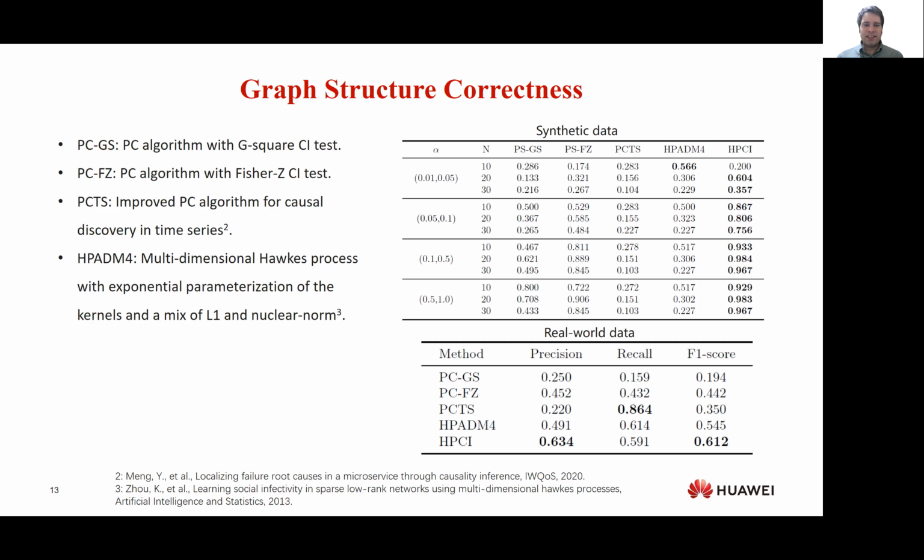We also have PCTS, which is an improved PC algorithm variant for causal discovery in time series, as well as HPADM4, which uses a multidimensional Hawkes process with a mix of L1 and nuclear norm. Here we have the results on the synthetic data and the real-world data. The scores are all F1 scores using the known causal edges.